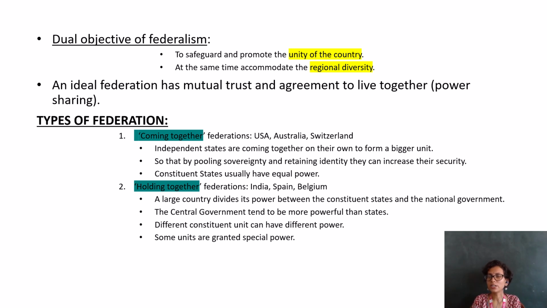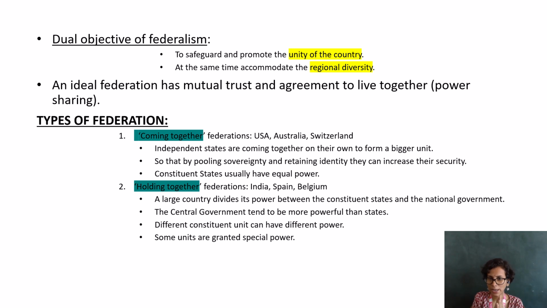What is coming together? For example, there are very many small states existing near each other. They thought that if we exist like this individually, then there can be security issues, there can be some other problem, some bigger power can attack.